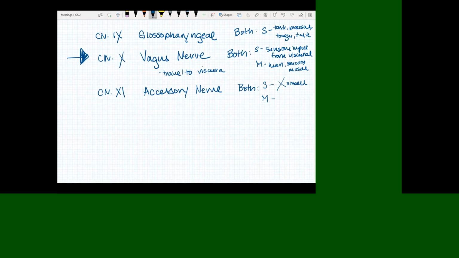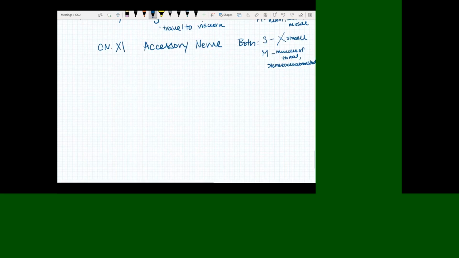But its motor information is going to be responsible for moving the muscles of the throat, specifically the sternocleidomastoid muscle, which you guys should know where it is and kind of what it does. This accessory nerve is responsible for producing the movement of that muscle. Even though there is a sensory component, it was not one that is targeted or focused on.